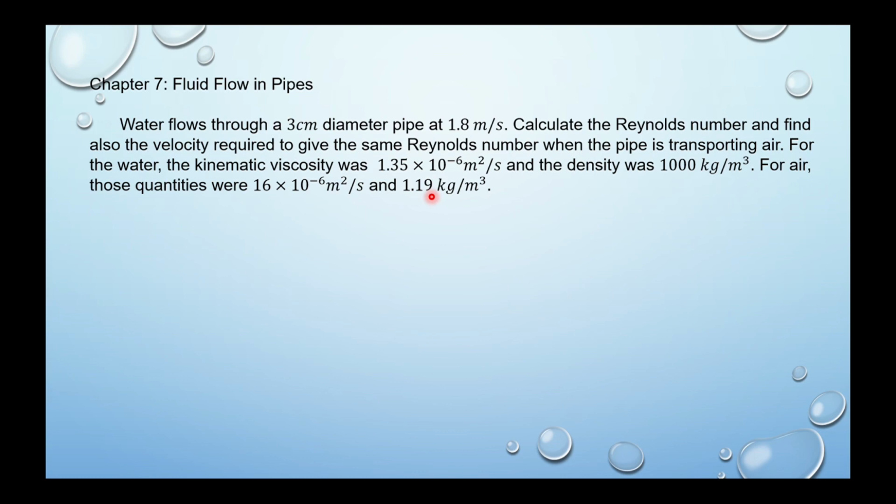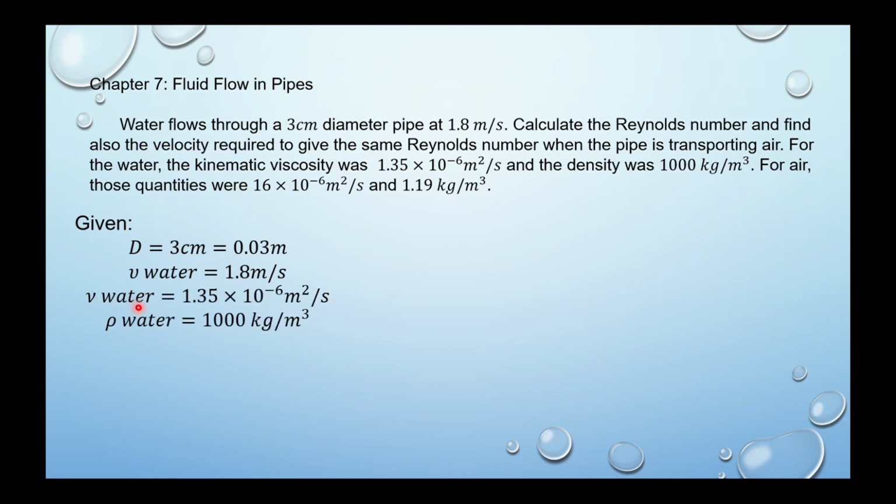For air, those quantities were 16 times 10 raised to negative 6 square meters per second and 1.19 kilograms per cubic meter. So the givens in this problem are: the diameter is equal to 3 centimeters, which is equivalent to 0.03 meter. The velocity of water is equal to 1.8 meters per second. The kinematic viscosity of water is equal to 1.35 times 10 raised to negative 6 square meters per second.